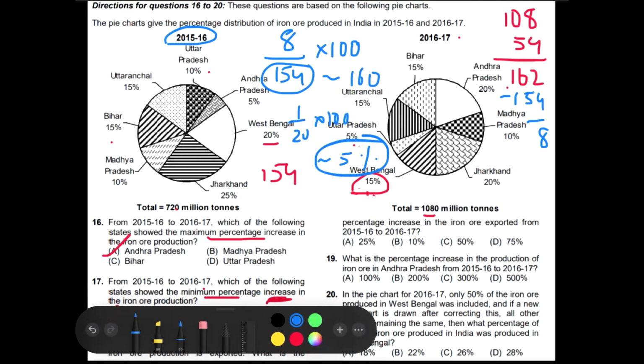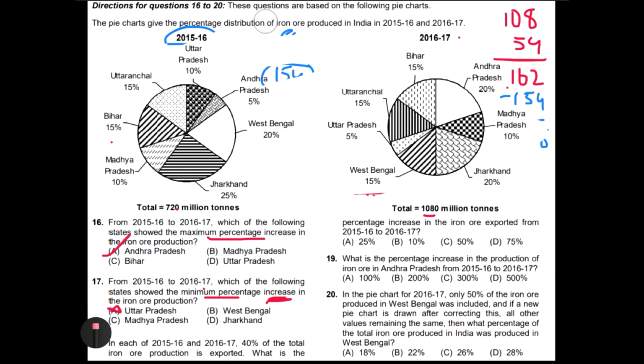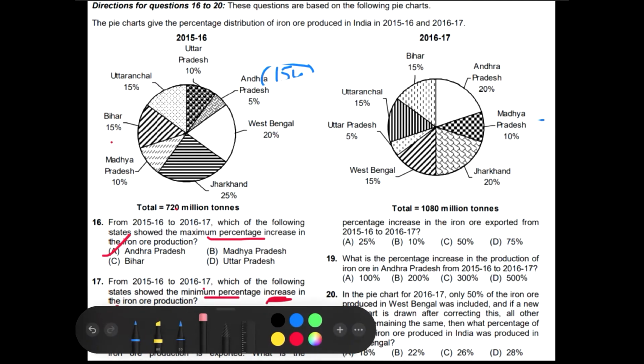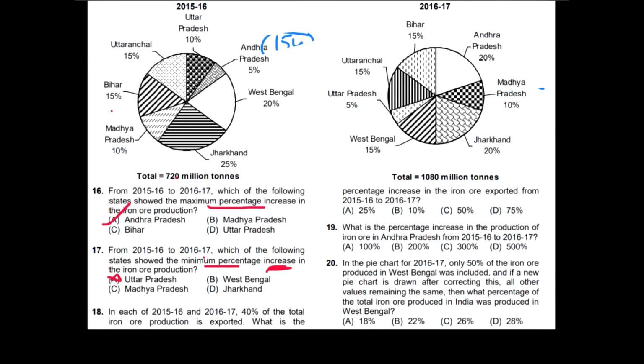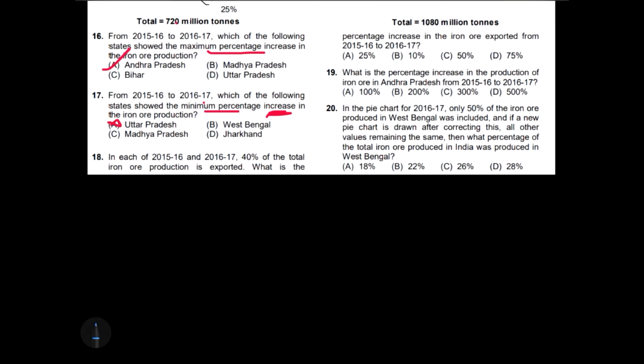It is somewhere less than 5%. So I'll remove this data from here and write it down at the bottom so that I'll remember that West Bengal is having approximately 5% increase.